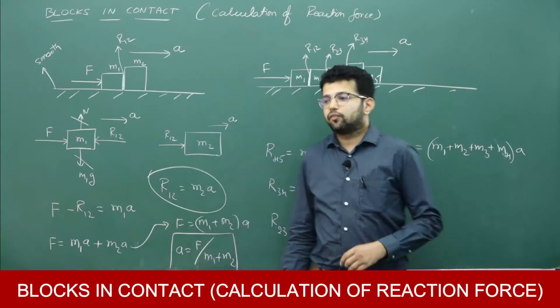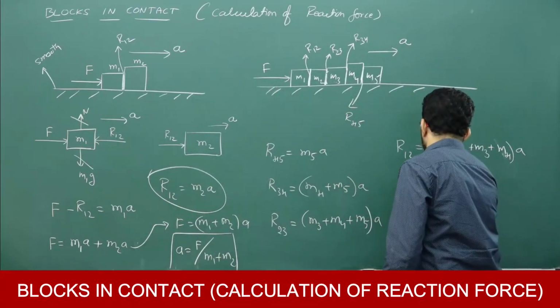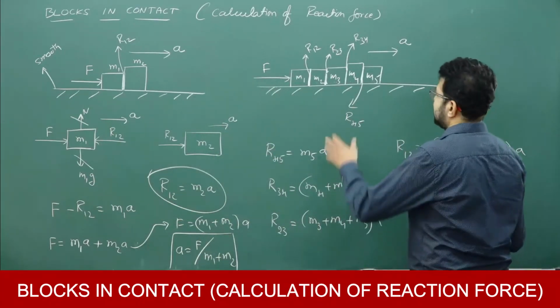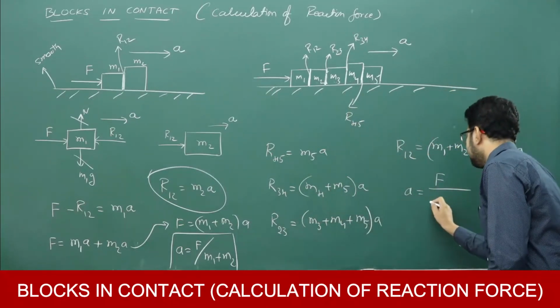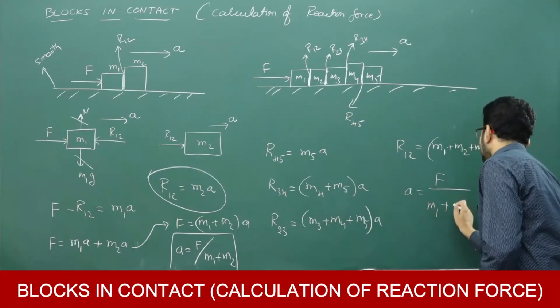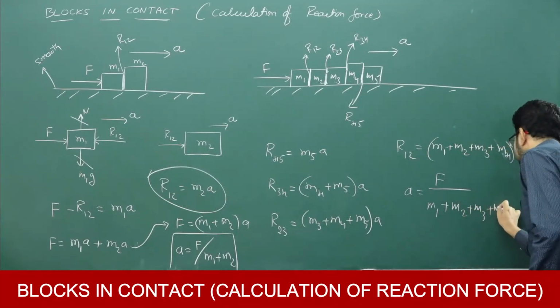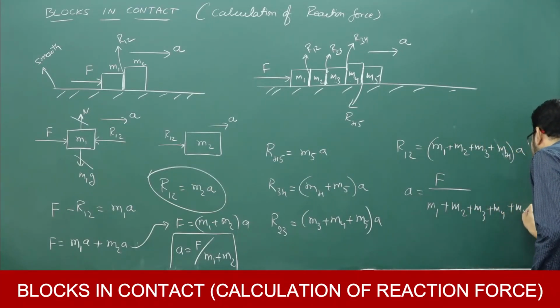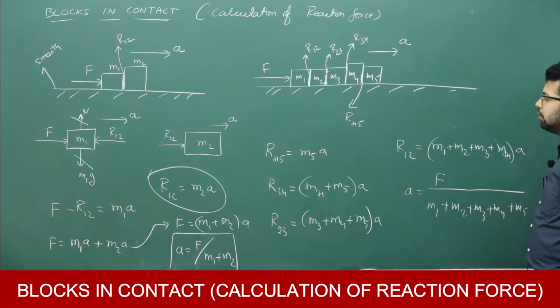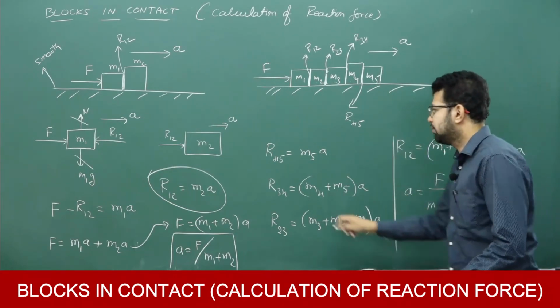Now, how to write the equation for acceleration? Acceleration is equal to net force acting on the system divided by total mass, F divided by M1 plus M2 plus M3 plus M4 plus M5. Finding the acceleration is most of the time very easy.